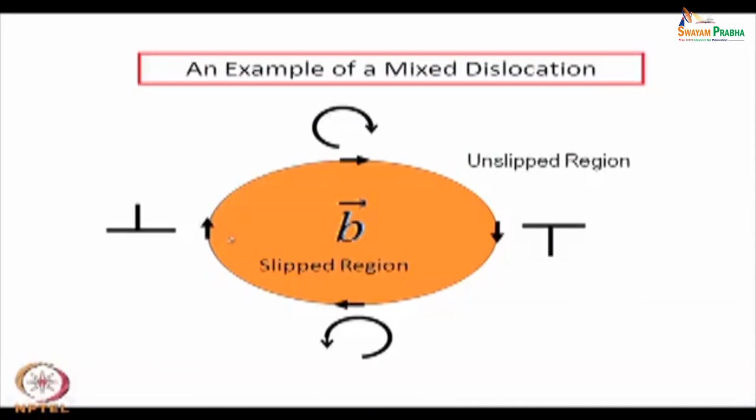So, ultimately this becomes your dislocation line. This is the boundary and this is the line that you may see under an electron microscope. So, that is all for the time being, and we have some more discussion, maybe in the next class we will discuss that. Thank you.